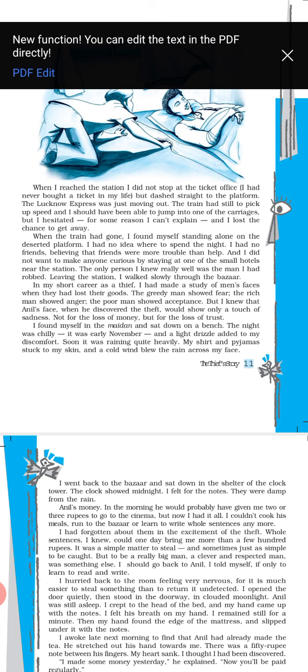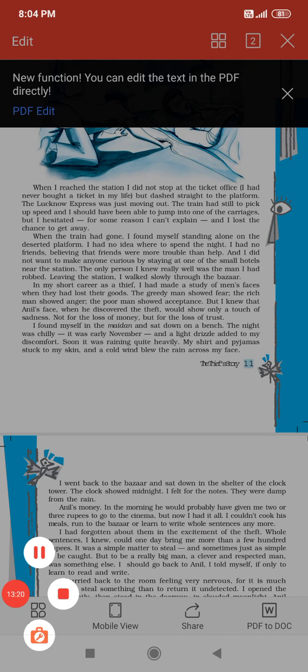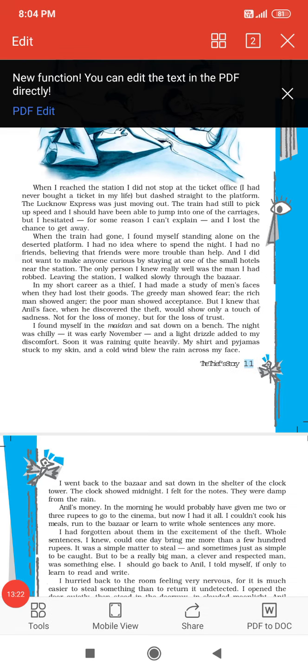Maidan, open area, you can say. The night was chilly. It was early November, and a light drizzle added to my discomfort. Soon it was raining quite heavily. My shirt and pajamas stuck to my skin, and a cold wind blew the rain across my face. So see, students, how beautifully Ruskin Bond has created an environment, isn't it?